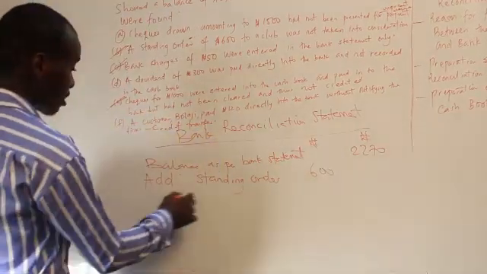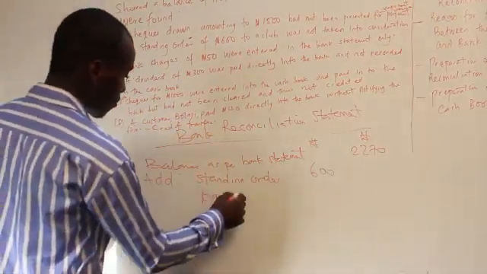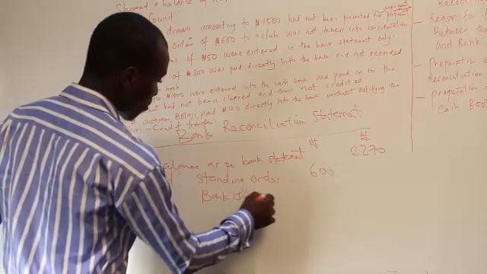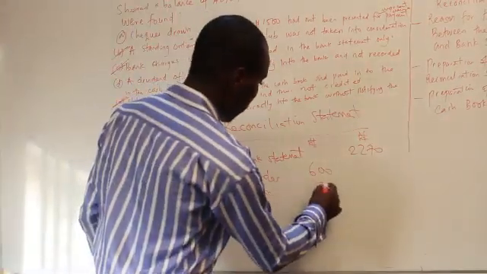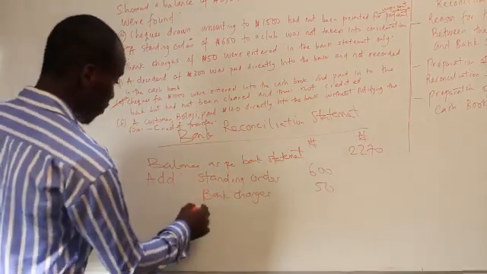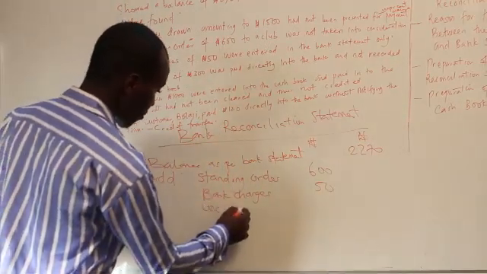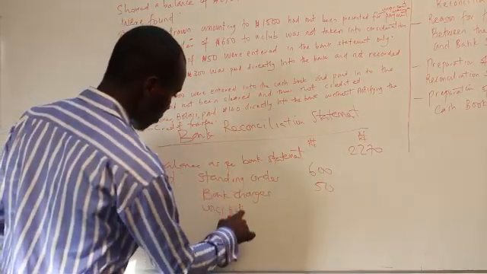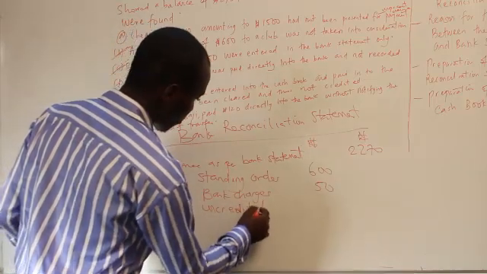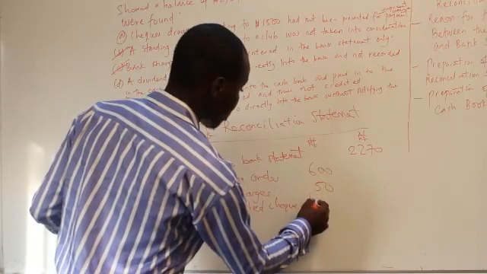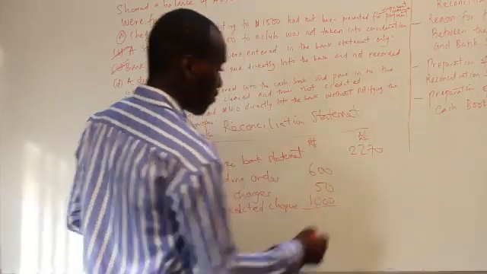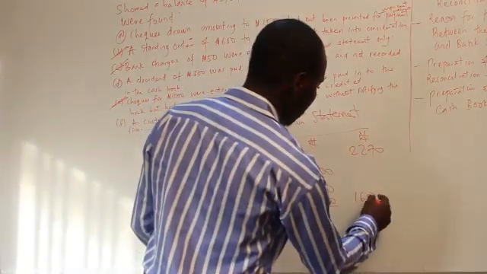So we are going to add the bank charges. So the bank charges is 50 naira. So we are going to add uncredited check, which is 1,000 naira. And that gives us 1,650.